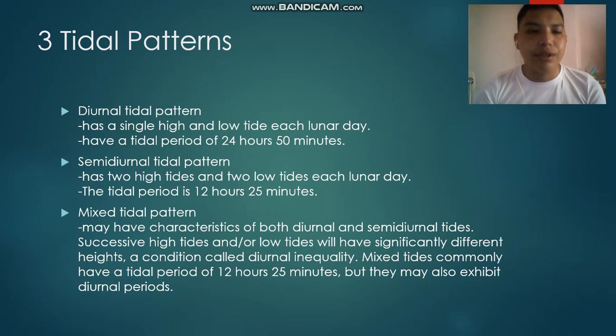Mixed tidal pattern may have characteristics of both diurnal and semi-diurnal tides. So it means successive high tides and low tides will have significantly different heights, a condition called diurnal inequality. Mixed tides commonly have a tidal period of 12 hours and 25 minutes, but they may also exhibit diurnal periods.